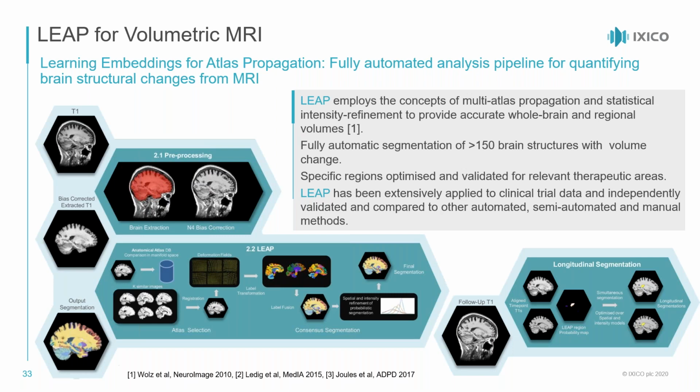The segmentations for the most similar database images to the input, selected in a manifold space, are transformed to the input image and majority voted to create a consensus initial segmentation, which is then automatically refined. This provides robust, fully automatic cross-sectional segmentations, either of individual regions or whole brain parcellations, without the need for manual intervention.